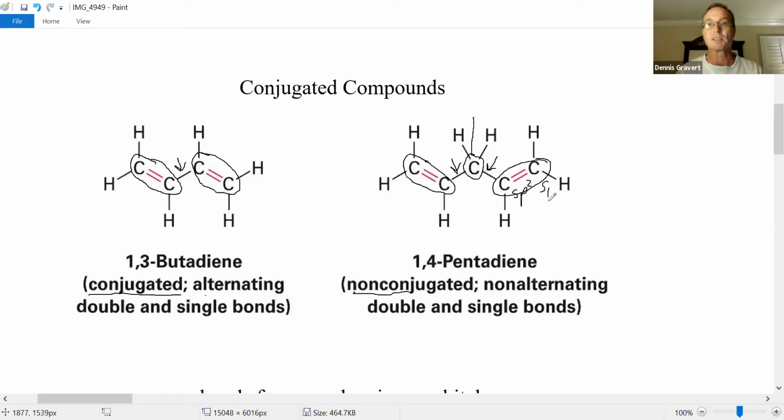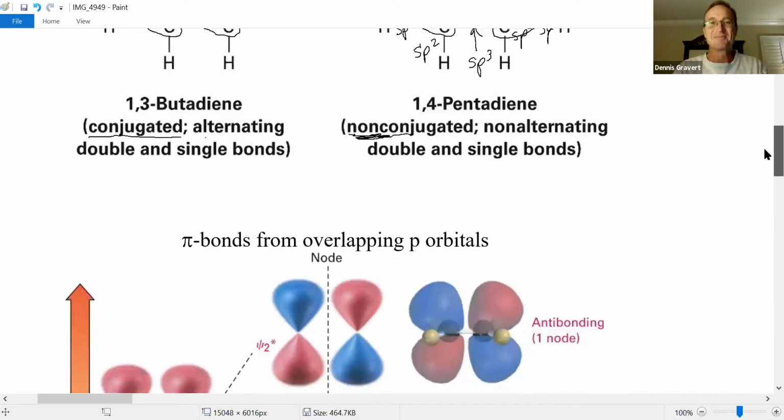So these carbons are sp2, sp2, sp2, but the carbon in between the 2 pi systems is sp3. That's the main reason why it's not conjugated. Okay, well now I hope you can identify the pattern, double, single, double, not too bad.